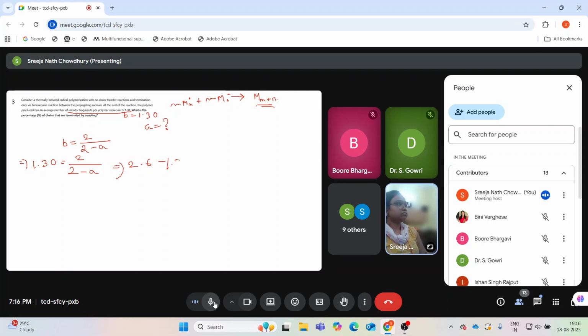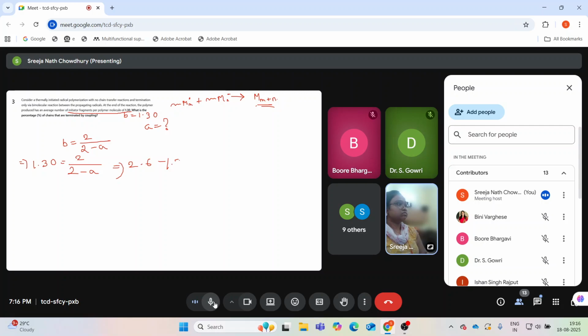So Ri by 2 Kt, it will become 2 into 10 to the power minus 8. So the value of x is 2.